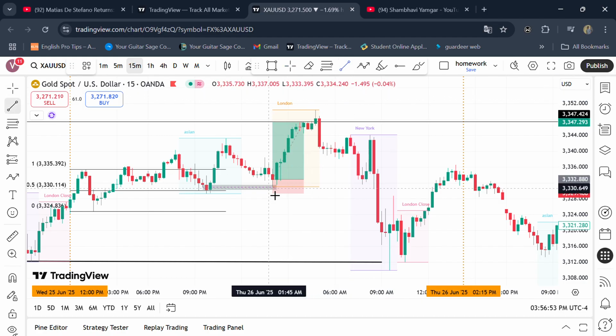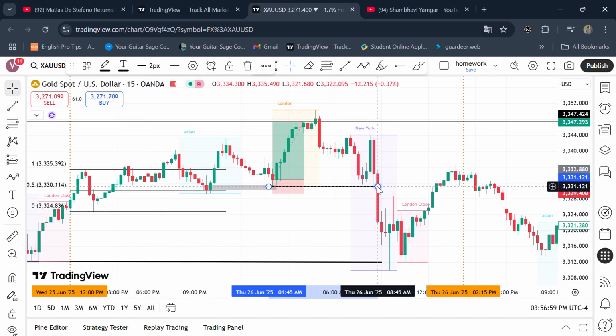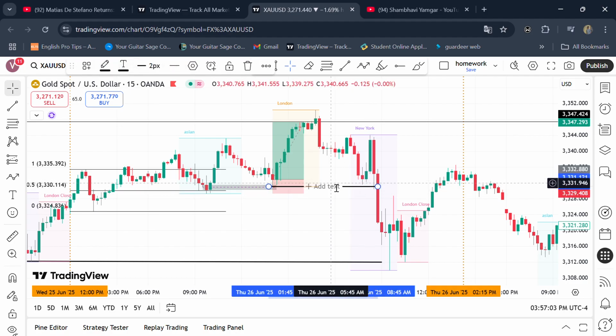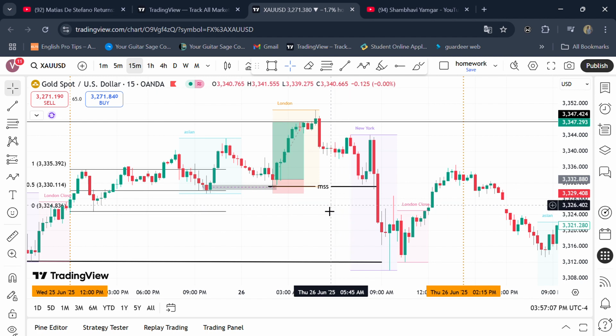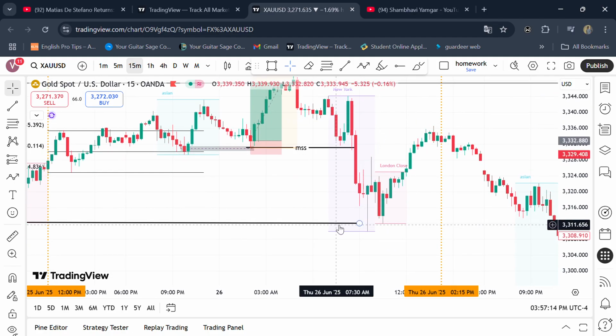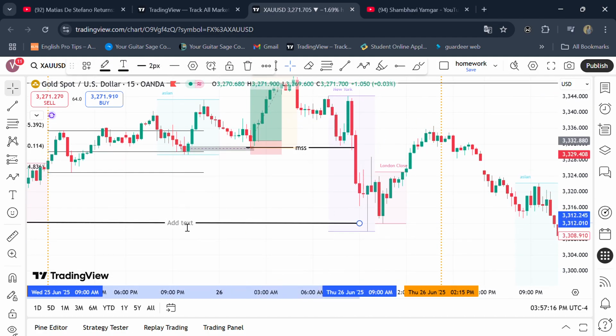And this is a swing low from where a market structure shift can be guaranteed. And that is something that happens in New York session. It makes a market structure shift and then goes down to take this liquidity, swing lows liquidity.